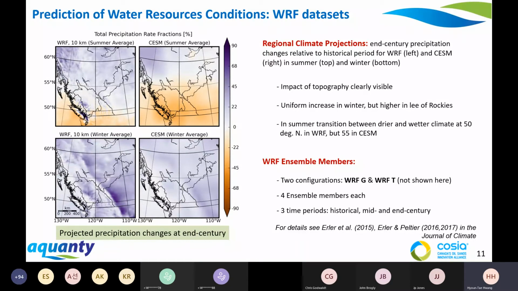As you can see here, for the global scale CESM top right, brown covers up to midstream of the Athabasca River. That means there is a precipitation decrease in future. However, to the left, top left, you can see the precipitation increase in future. So this can make a big difference in future climate change impact analysis. Next, please.